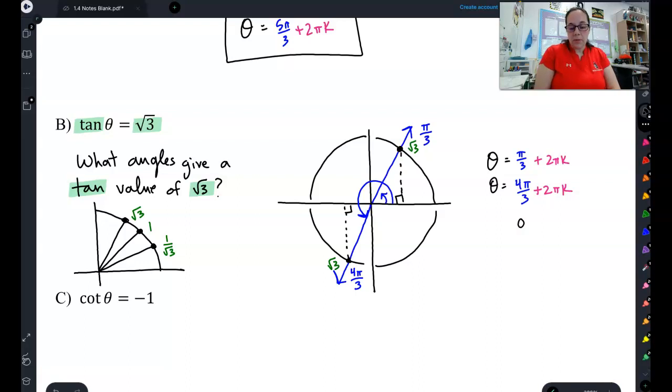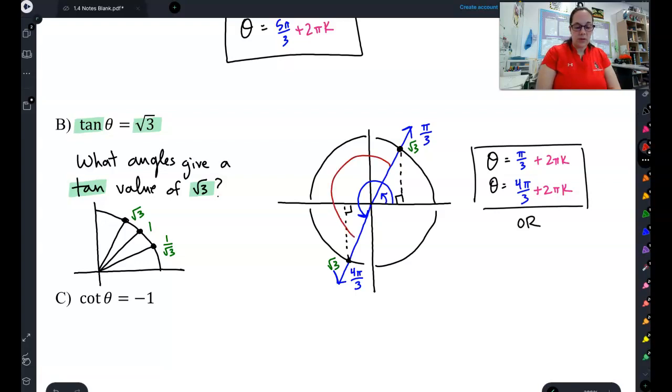Now, something I want you to notice. You are more than welcome to keep your answer like that. However, notice that these two angles are exactly pi apart. So instead of listing two answers like this, I could just list my first answer and say plus pi k.